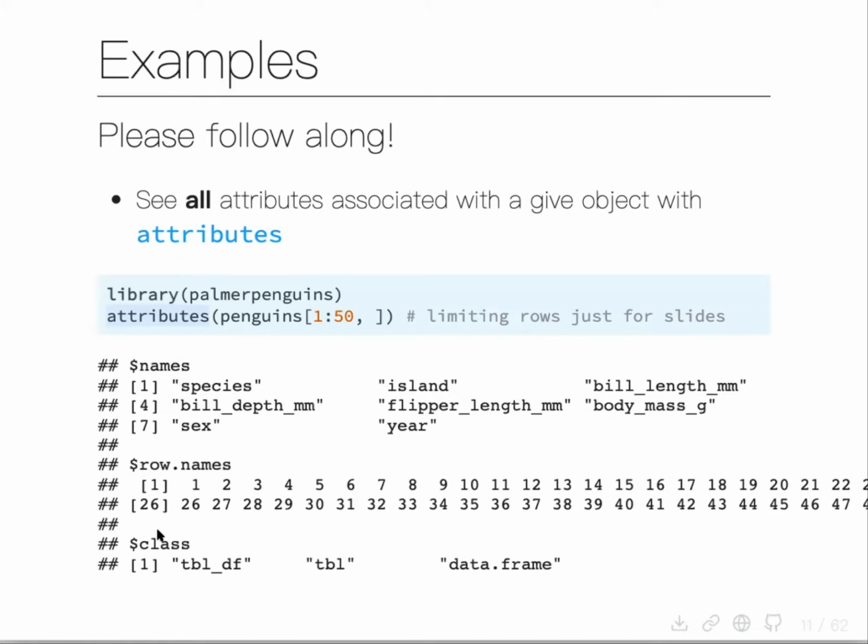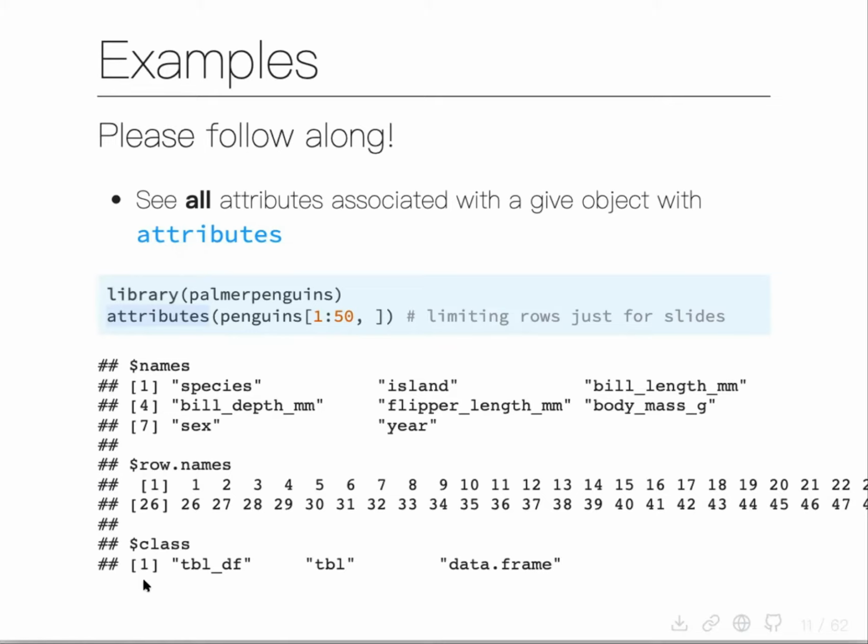And then finally the class, which is also a character vector, but because this is a tibble, it has 3 classes, okay? So it's going to basically try to use tibble.df. If that doesn't work, it's going to try tibble. If that doesn't work, it'll fall back on data.frame, okay?